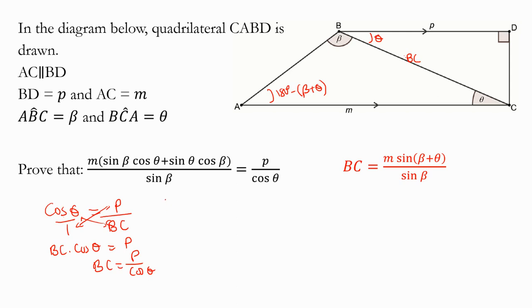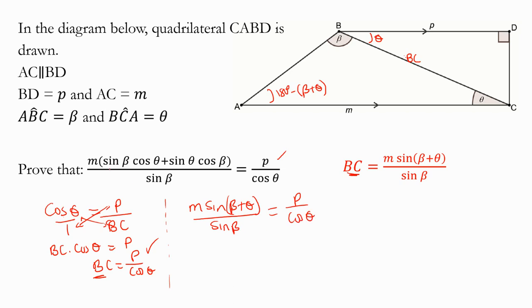We're almost there. Now this is BC, and this is also BC. So we're saying M sine (beta plus theta) over sine beta is equal to P over cos theta.